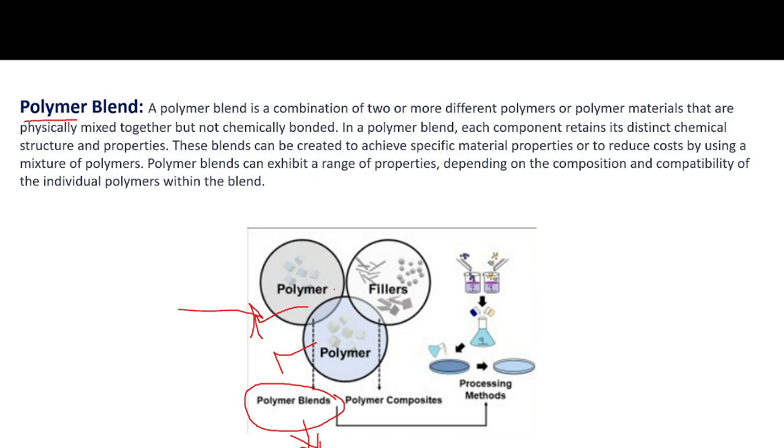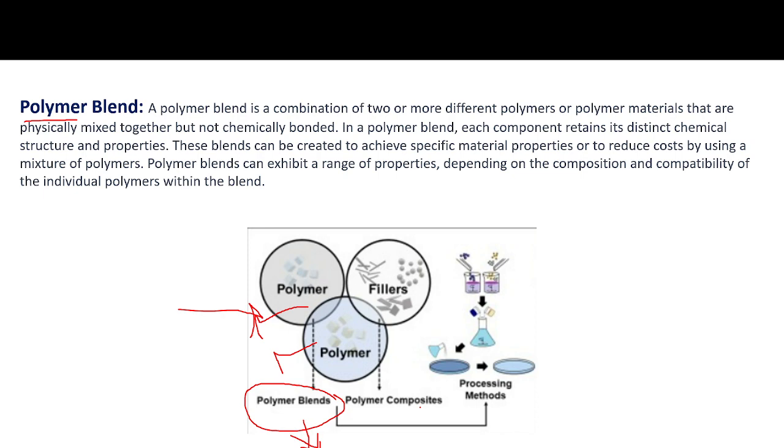If we discuss the polymer composite, in a polymer system we add some reinforcing material, like some inorganic material. If we add that reinforcing material into the polymer, we call it a composite.